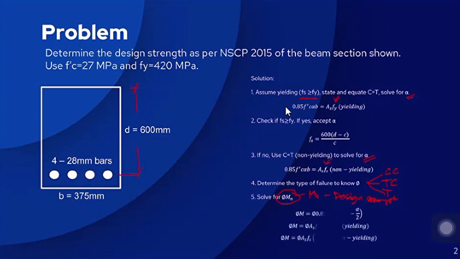So Mn equals phi 0.85 Fc prime alpha b multiplied by the quantity d minus alpha over 2. Or you can use phi AsFy quantity d minus alpha over 2 if yielding, and you use AsFs if non-yielding. So this is the general step.